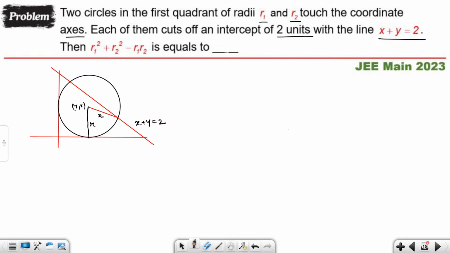Now let me draw a perpendicular from the center on this line. So what is the perpendicular length? Let me give a name. This is my A, this is B, let us say. So what is the length of AB? What is the perpendicular length drawn from r comma r on the line x plus y equals to 2?